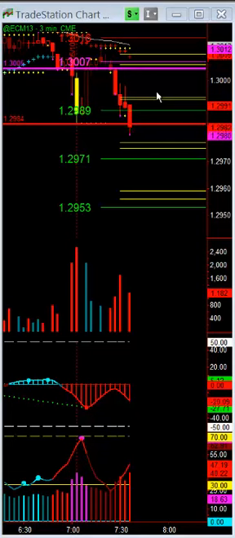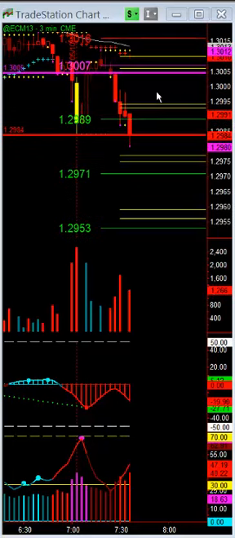Any type of divergence right now on the 3-minute will bring me out of this trade with the 45-minute at 80.